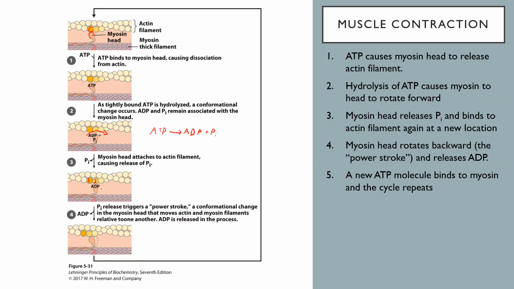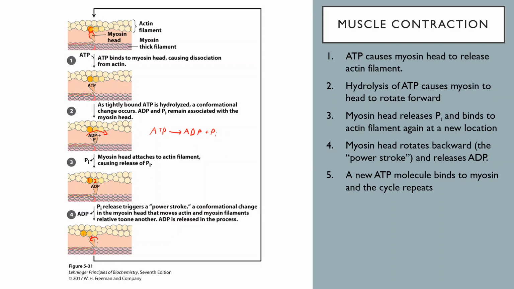And then when ADP is released, that causes the myosin head to rotate again, but this time in this direction. So it rotates essentially back to its original shape. But we call this the power stroke, because during this rotation, because it's firmly attached to that second actin subunit, it rotates, but it also creates a force.